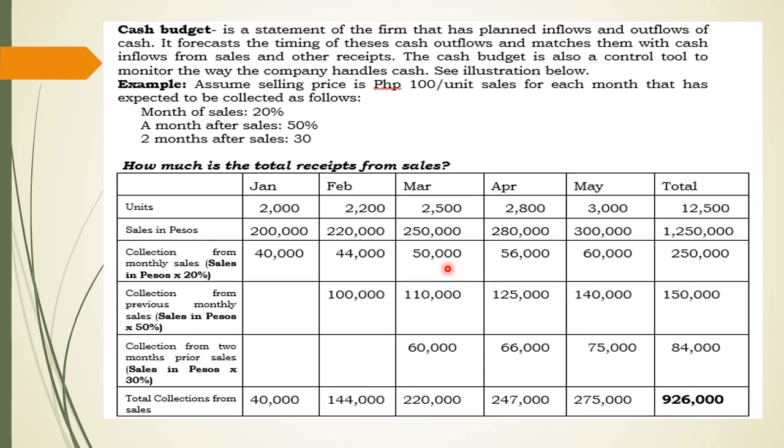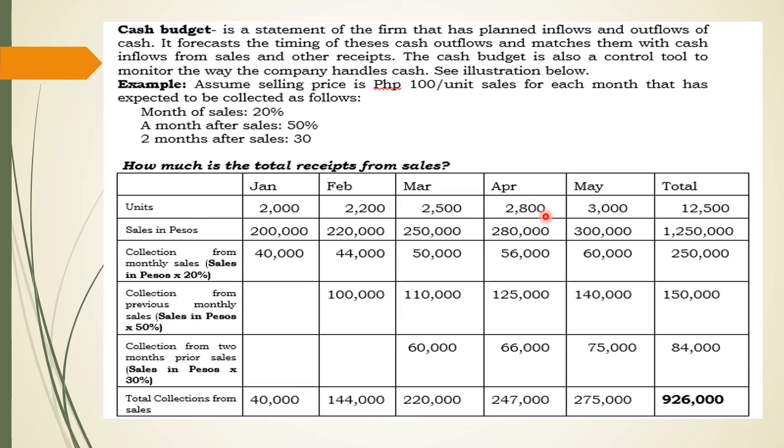So you will receive 60 dinhi imong utang. Okay, so pila na tanan ang na-collect from 50 plus 110 plus 60, you will have 220,000. Collection na ni siya sa March, February o January.